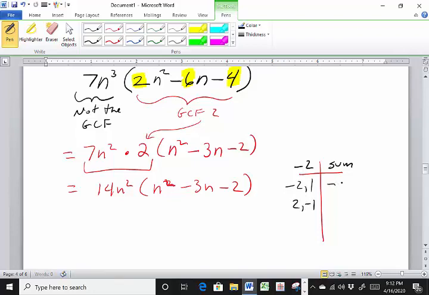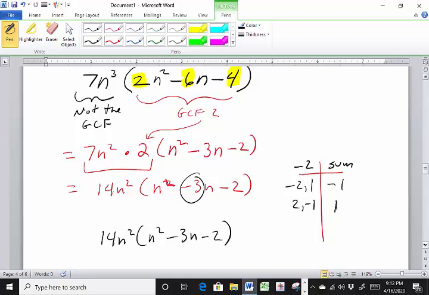And the sum here is going to be minus 1, and the sum here is going to be 1. And this sum should be minus 3. Okay, so in this case, we're done. There's actually nothing else we can do here. We can't factor this trinomial. All right. So our final result is just 14n squared times n squared minus 3n minus 2. Okay?